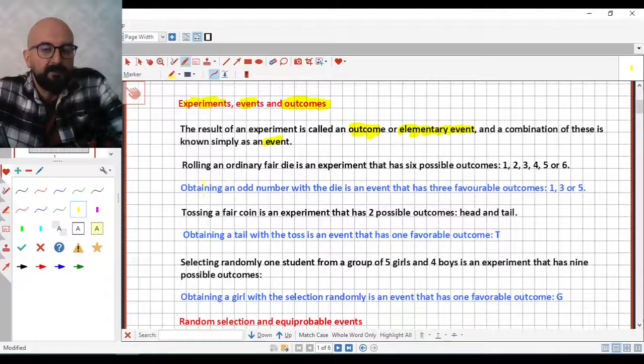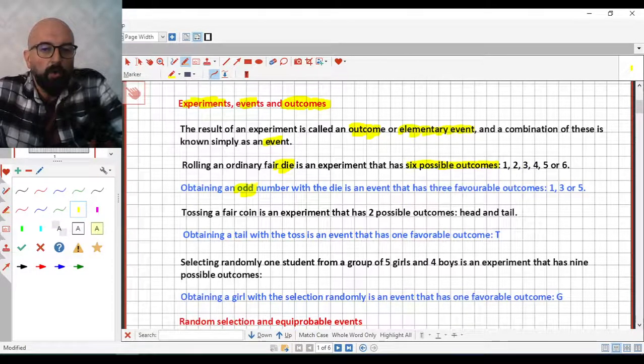For example, rolling an ordinary fair die is an experiment that has 6 possible outcomes: 1, 2, 3, 4, 5, and 6. The fair die has these outcomes.